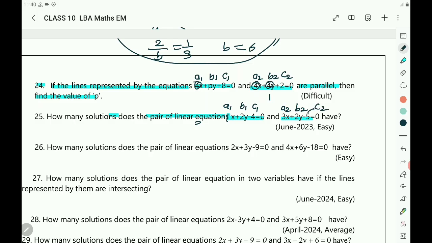Here to find the number of solutions, one solution or no solution or infinite number of solutions, we have to find out a1 by a2. a1 by a2 equals 1 by 3.